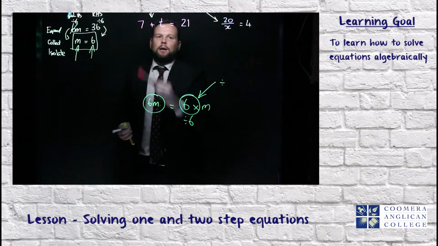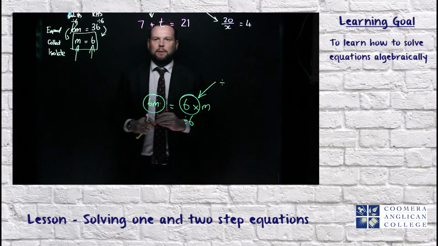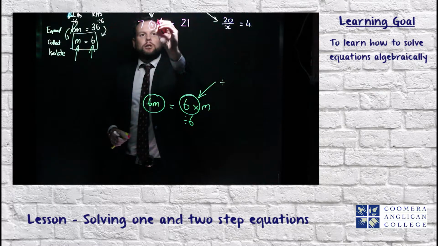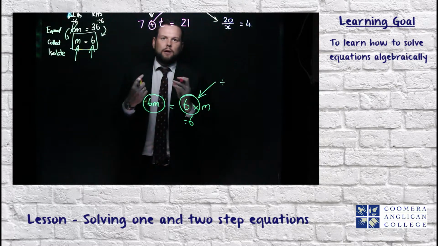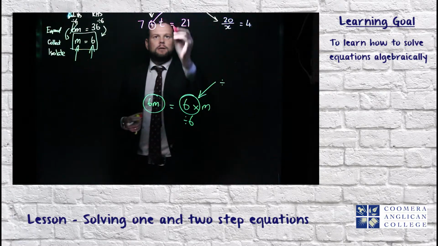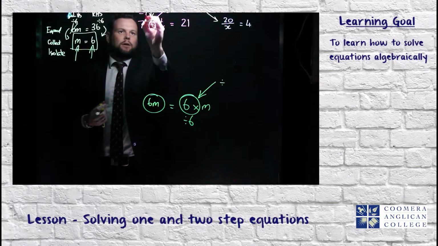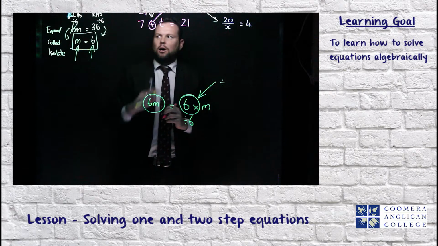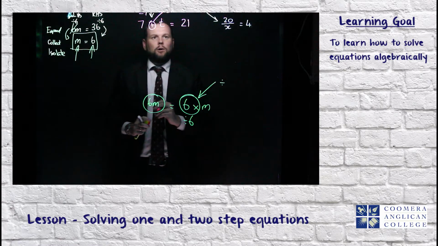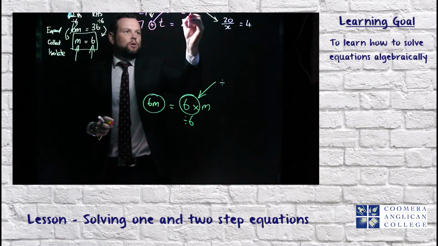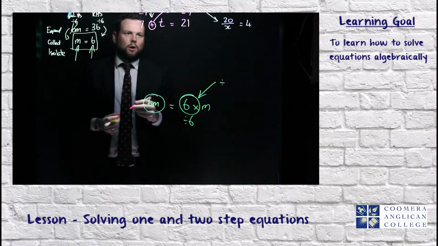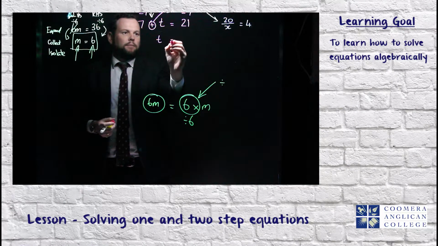If we look at this one here, 7 plus t, the opposite operation of addition is subtraction. So I want to take away 7 from the left-hand side of my equation. But whatever I do to the left-hand side, I also have to do to the right-hand side.